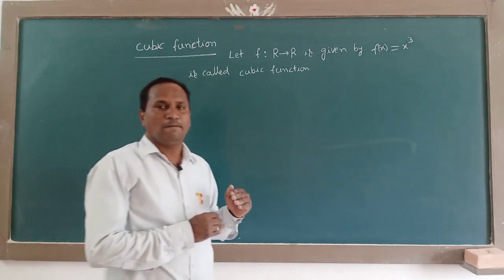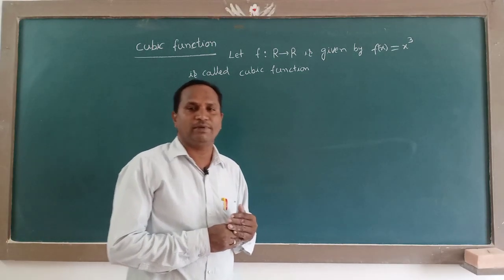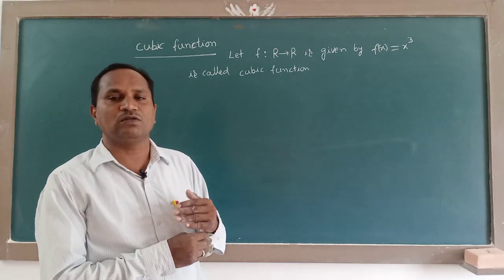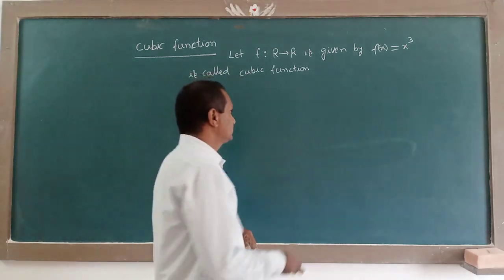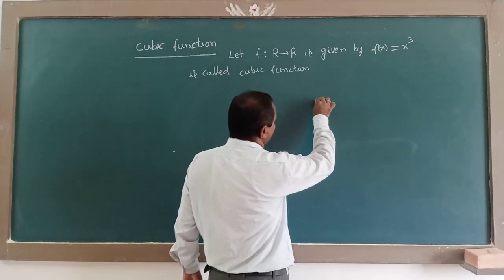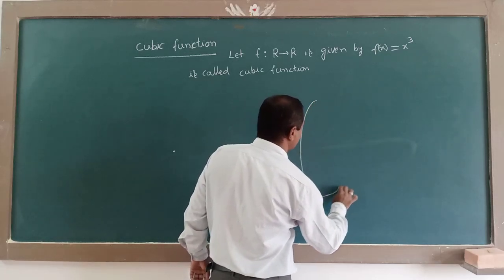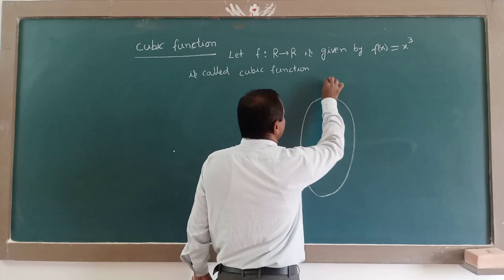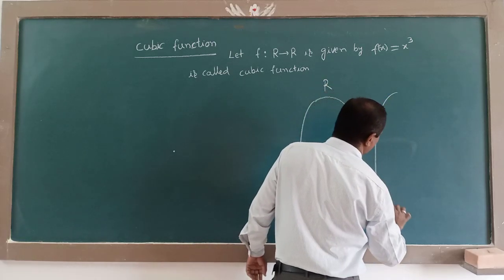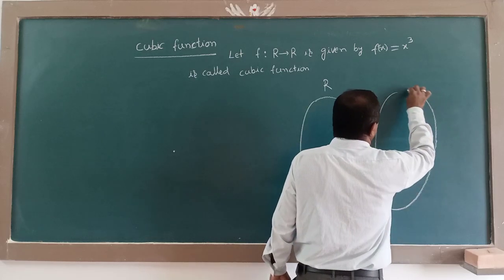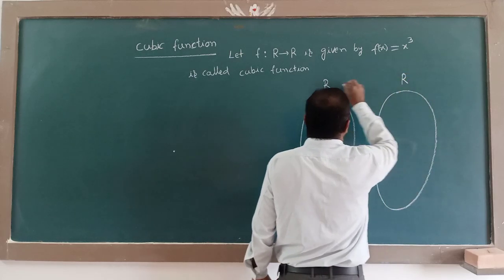Firstly, I am showing the codomain, domain and range, how we are getting all these three, diagrammatically. See here, this is the set of all real numbers, and here is one more set of real numbers. R to R is one function.